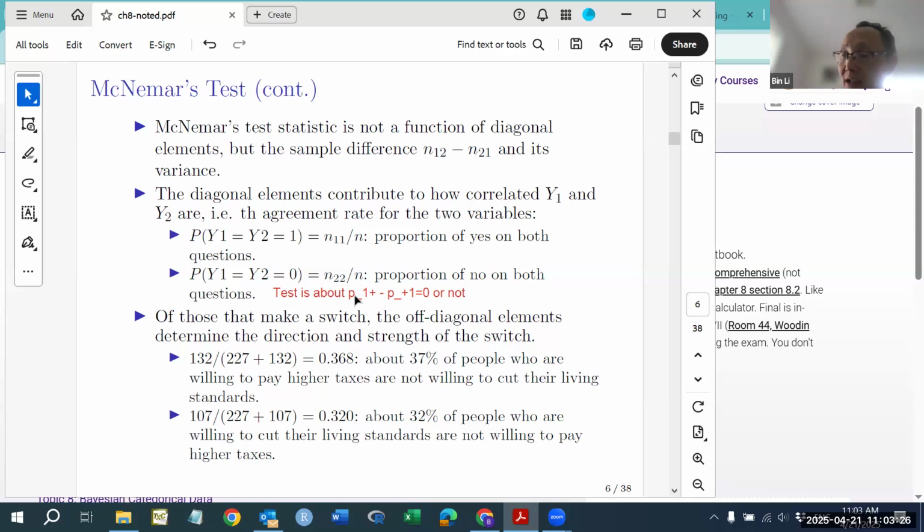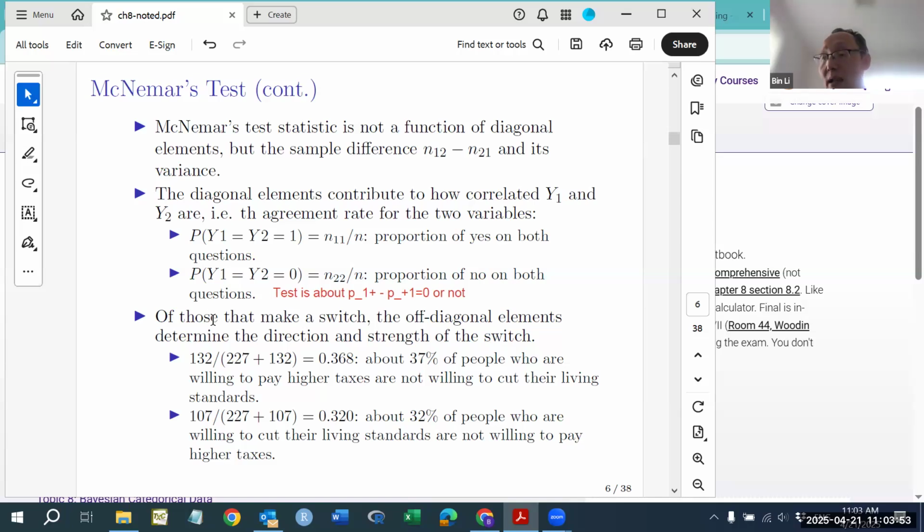What are the diagonal proportions? The diagonal proportions are the agreements. So this is not about agreements, but about whether the switching proportions are the same. That's why for the McNemar test and for the confidence intervals, it only relates to n12 and n21.